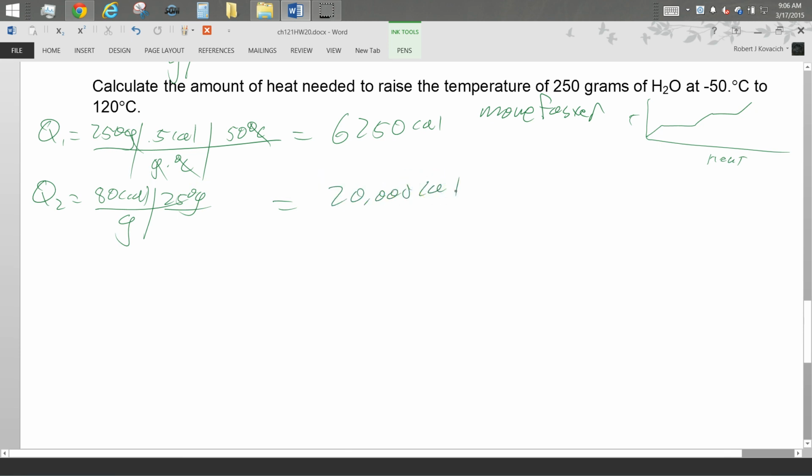So what is this 20,000 calories doing? Melting. This is actually melting, and when we're melting something, we're breaking apart the intermolecular forces, right?